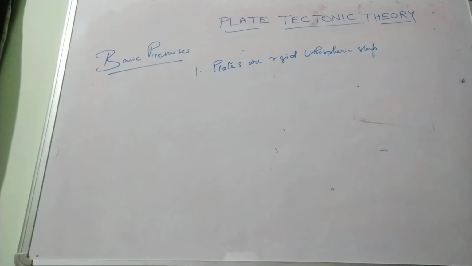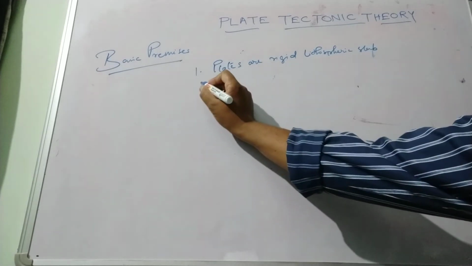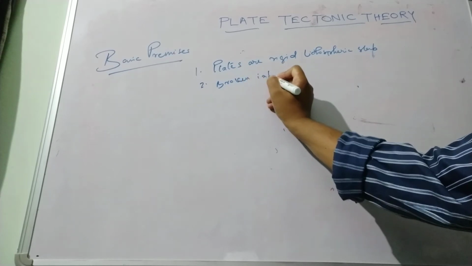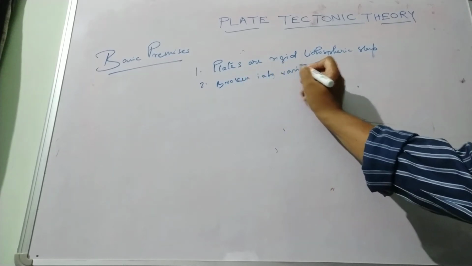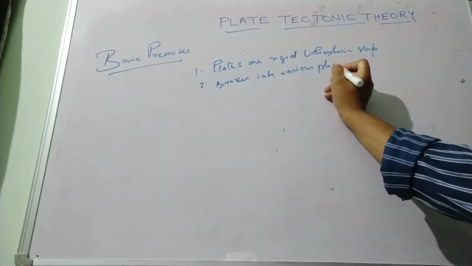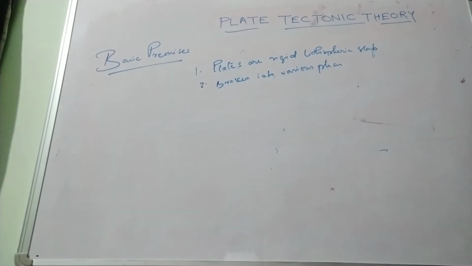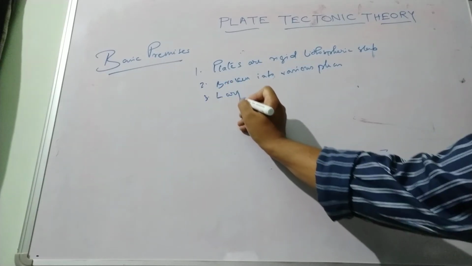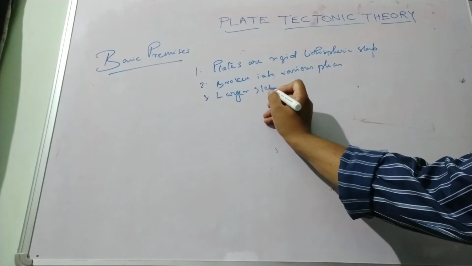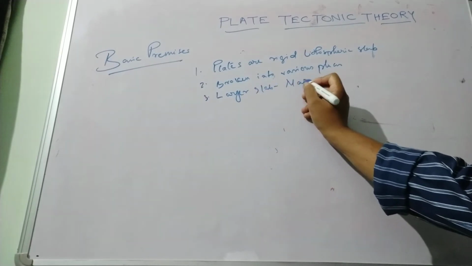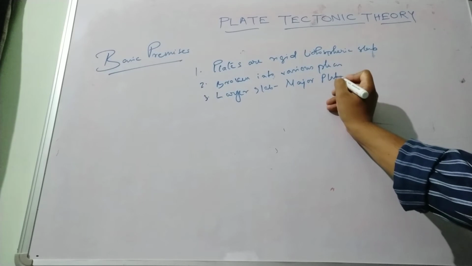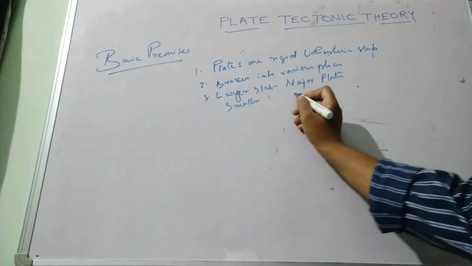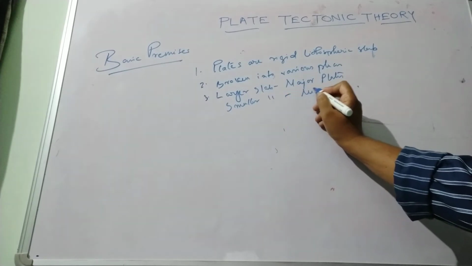These lithospheric slabs are broken into various pieces. The larger slabs are major plates, and the smaller slabs are minor plates.